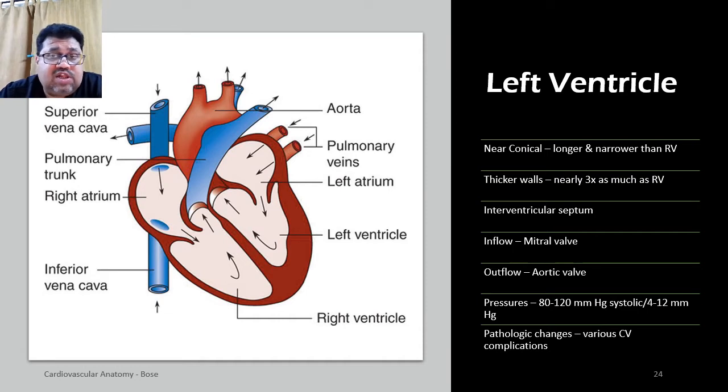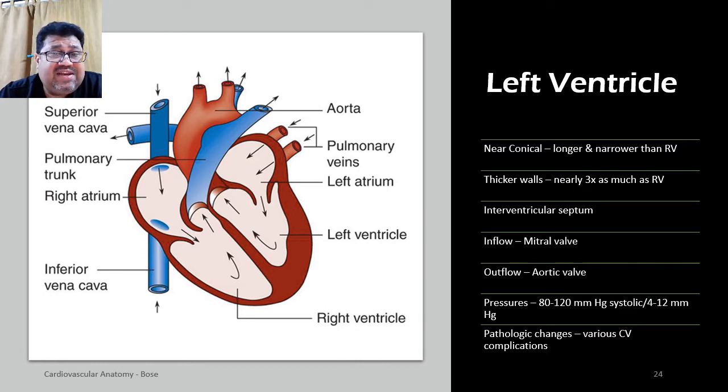A clinical tip on the left ventricle is that under pathologic circumstances, the walls of the left ventricle further thicken. We call it hypertrophy.